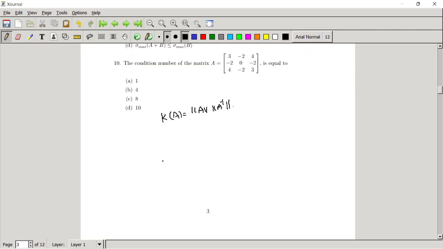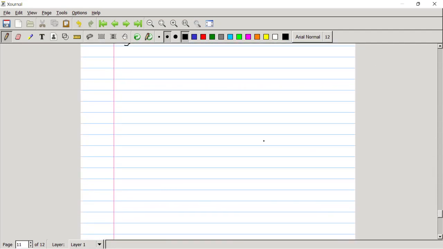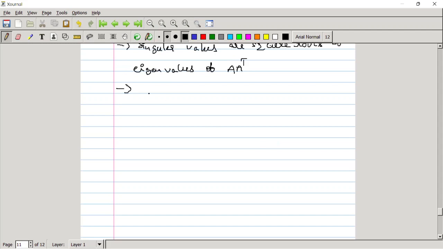And in the last class, somebody was asking one doubt about the orthogonality of eigenvectors for a symmetric matrix. Is that person there? Suppose A is symmetric, that means A is equal to A transpose.